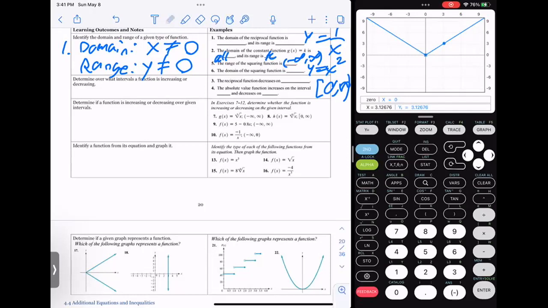Oh, one more thing. If you want to answer that question, say for increasing for the absolute value function, put it in domain or interval notation. So for increasing, I would say 0 to positive infinity. I wouldn't include 0 because of math technicalities, I'll say.